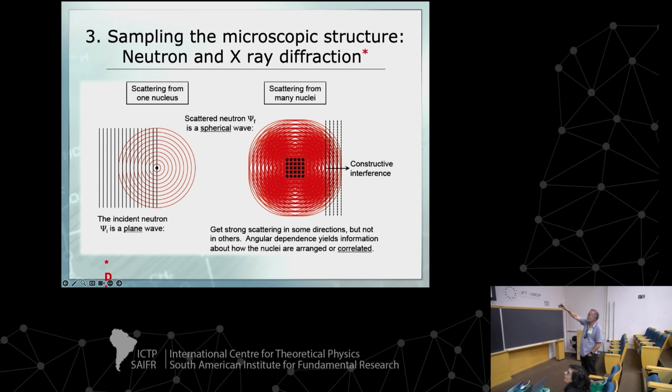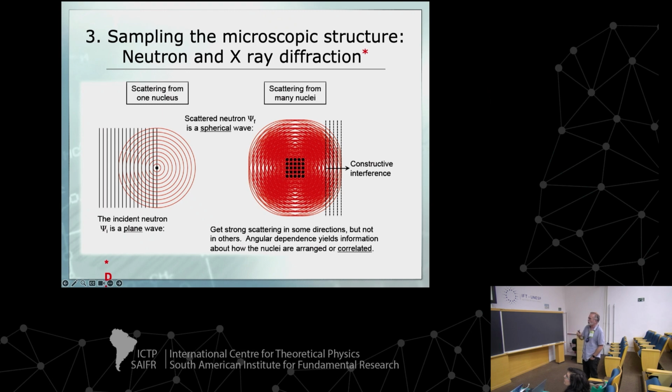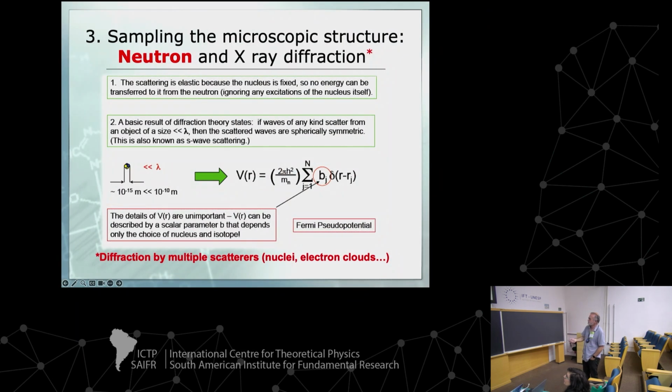When you have all this lattice of scatterers, you have all the scattered spherical waves, and you already see the pattern. You already see the interference. You will see that you have places where you will find constructive interference and destructive interference in other places. So you will find correlations between the scatterers and the positions of the diffractions.